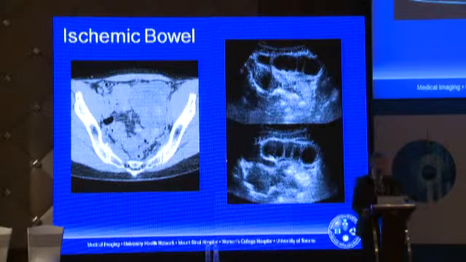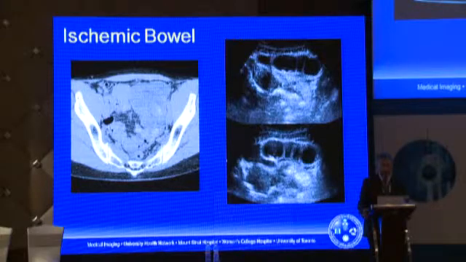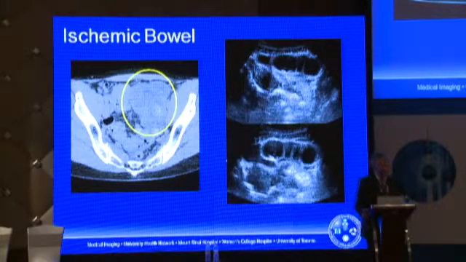And then the final case, at least I think this is the final case I'm going to show you, is this woman who had a CT scan with a renal colic protocol to rule out renal colic. And there were no urinary tract calculi, and we were struck by this appearance here on the left adnexa, and we weren't completely sure if that was bowel or if that was an adnexal mass.